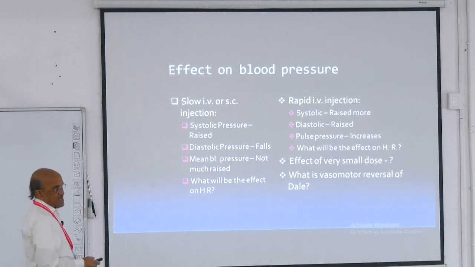So there will be initially tachycardia followed by bradycardia with the very high dose. But in case of slow dose, we only get tachycardia, no reflex bradycardia, because the mean arterial blood pressure is not much changed here.